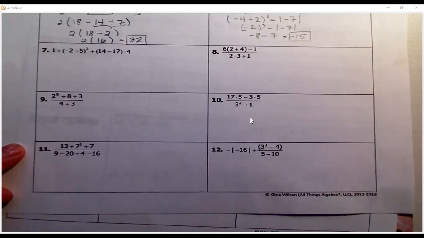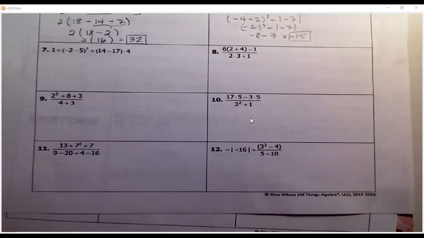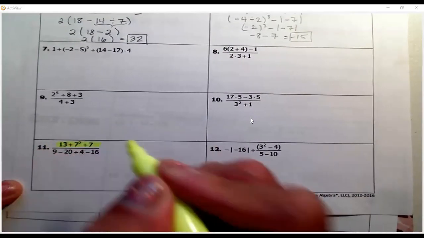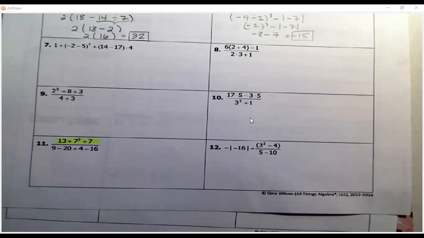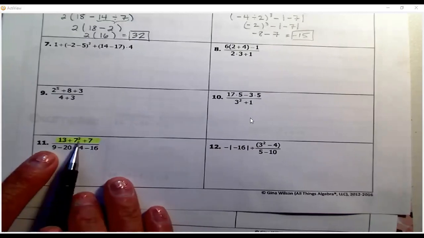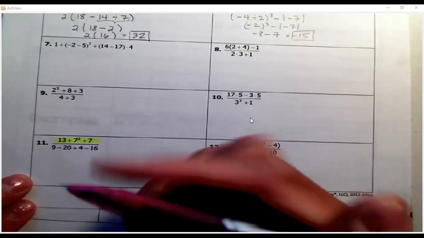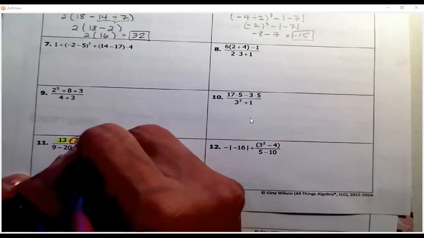When we do our fractions or our quotient expressions, that's what they're called, I always take care of my numerator first. So when I look at my top value, the first thing I'm going to take care of is going to be my exponent.